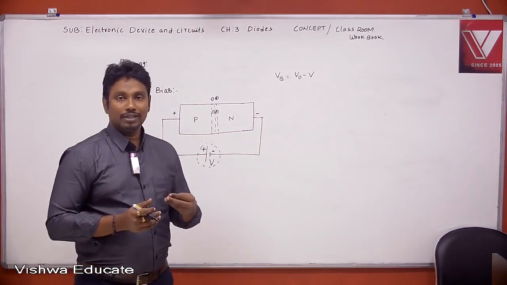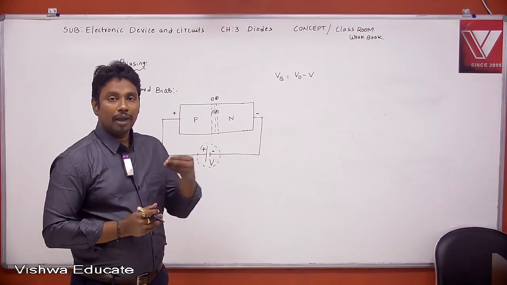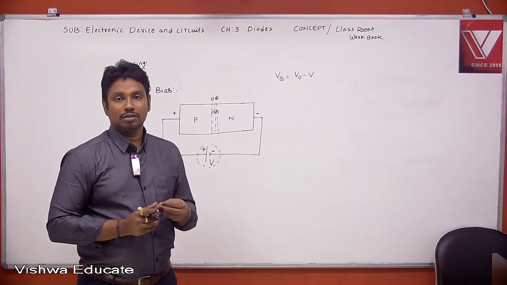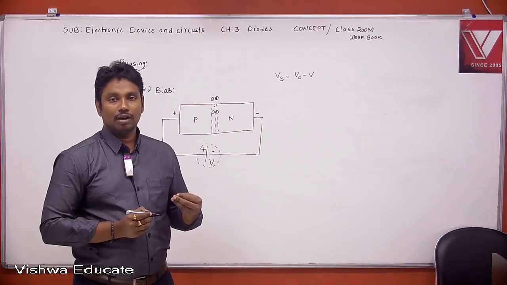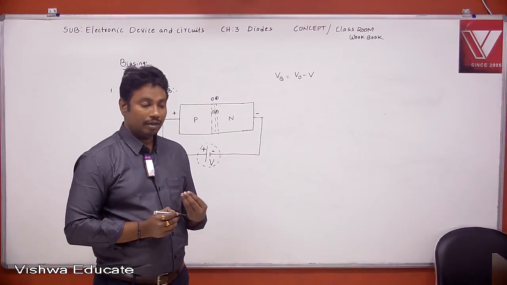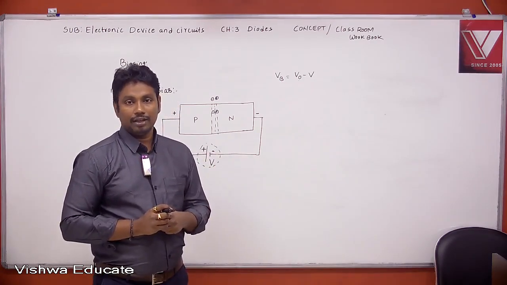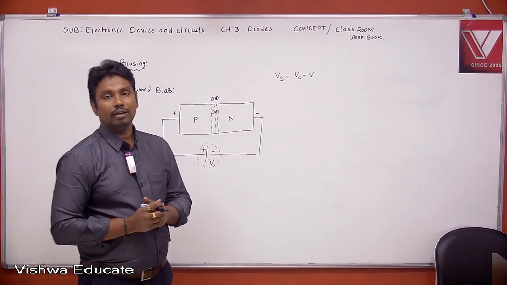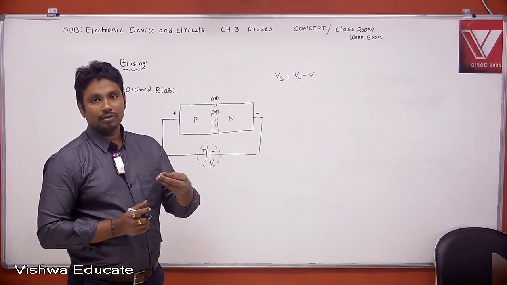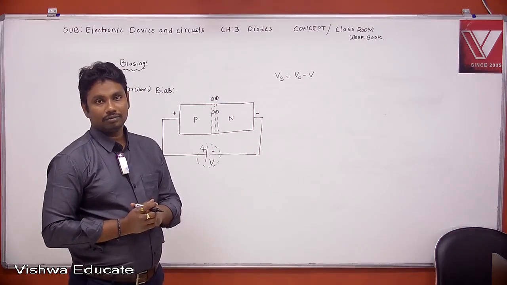When the forward voltage increases, the barrier potential decreases or becomes smaller. And it is given by VB equal to V0 minus V, right?